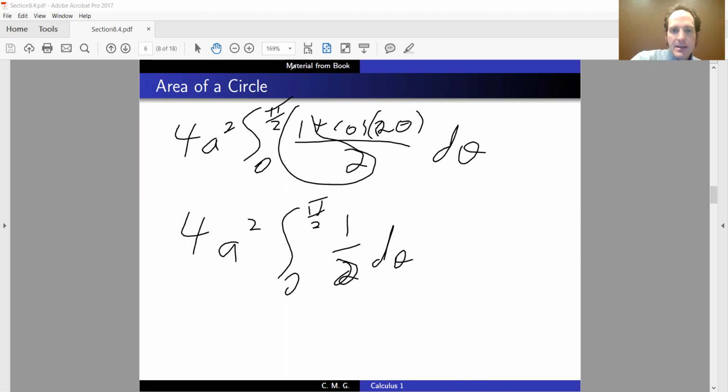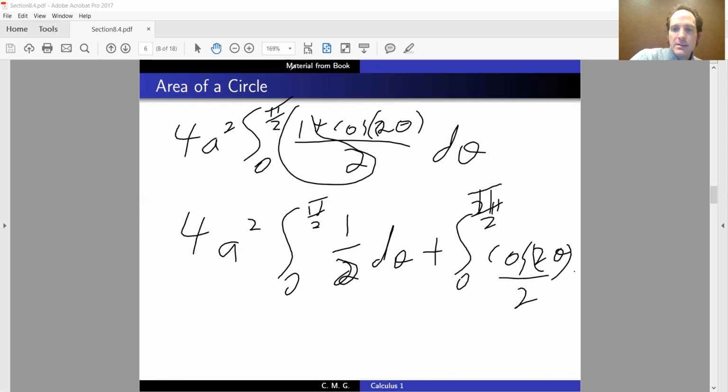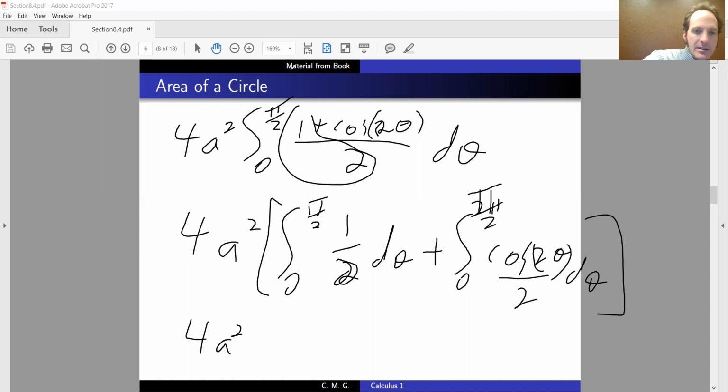So I have 1/2, and then plus the integral from 0 to, excuse me, not 2 pi, pi over 2, of cosine of 2 theta over 2 d theta. And that 4a squared is multiplied by that whole sum there. I can integrate the first one really easily. What I get is 4a squared, and then theta over 2 evaluated between 0 and pi over 2.